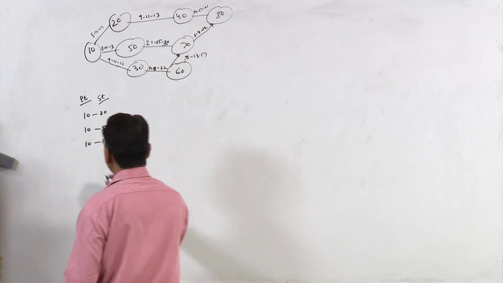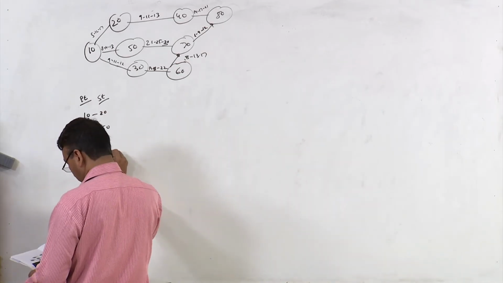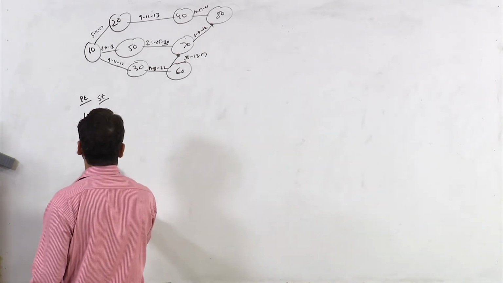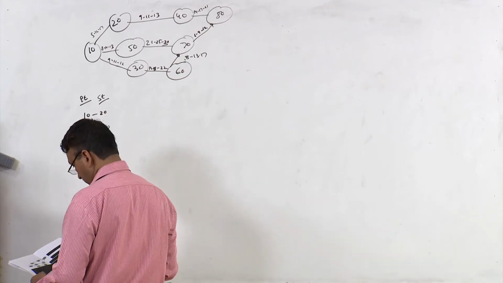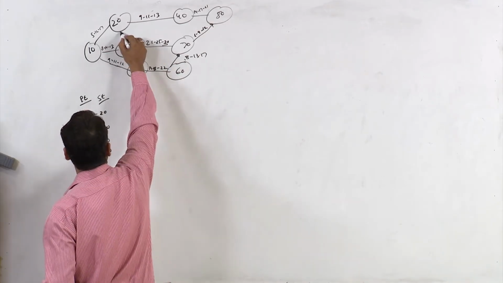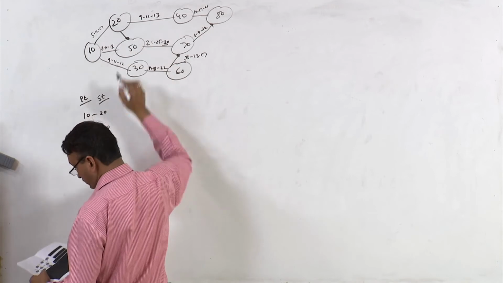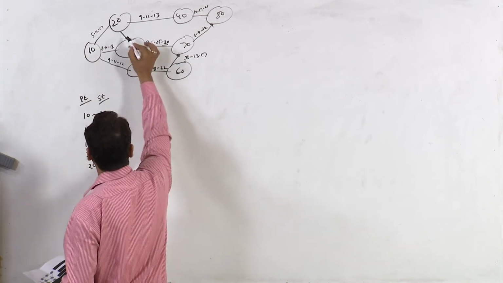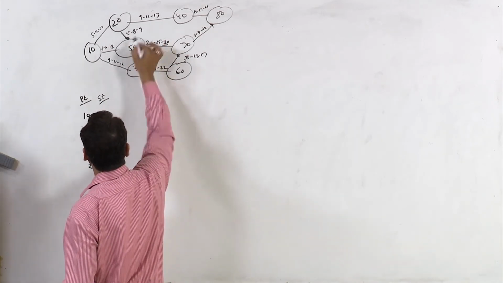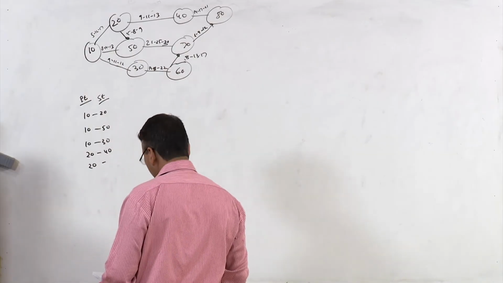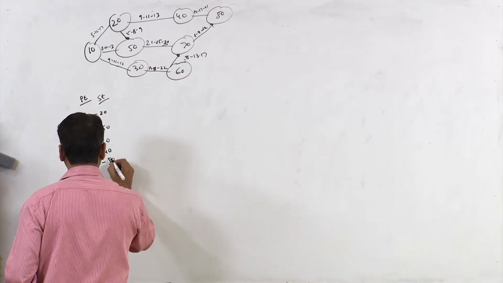Then you have 20 to 40, 20 to 50. Yeah, there is one more activity here, 20 to 50 and its duration is 589, right? So 20 to 40, 20 to 50, right?